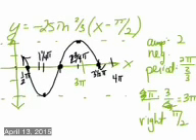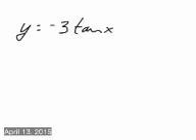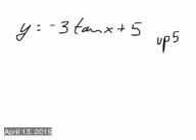Then from there, you're going to see tangent ones also. So if I have y equals -3 tangent of x plus 5, is the plus 5 in parentheses? No. So that means it gets shifted which way? Up 5, right. And how do you find the period?